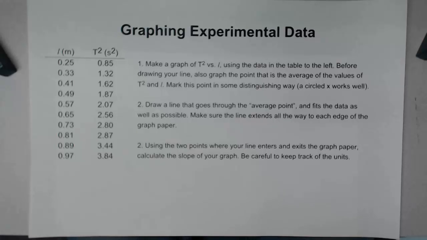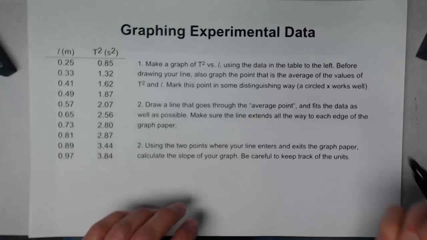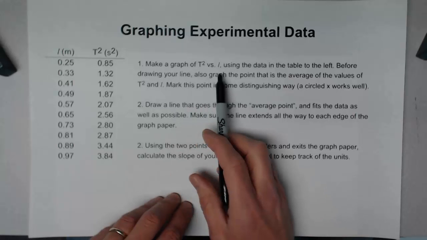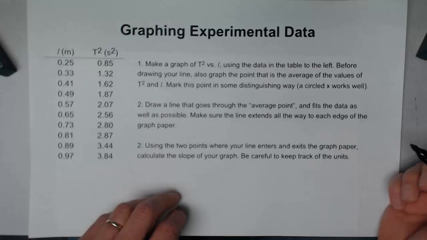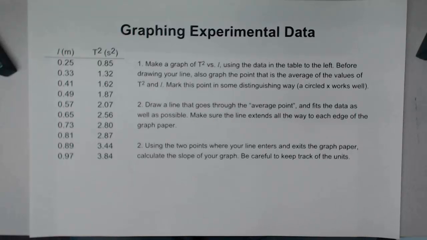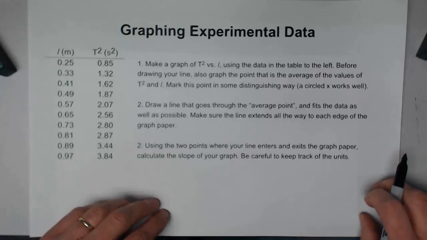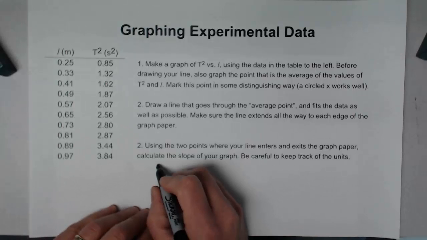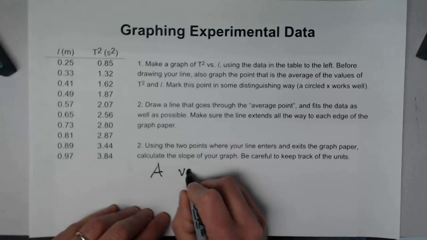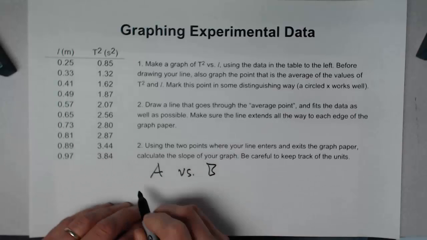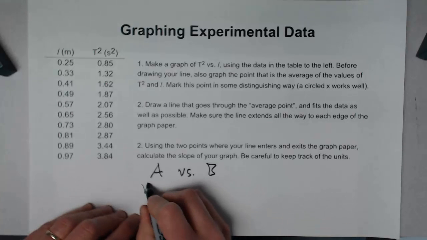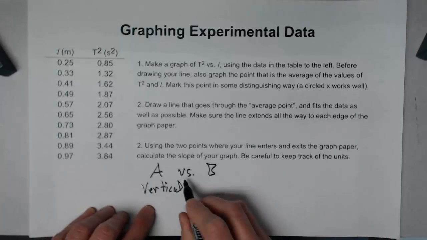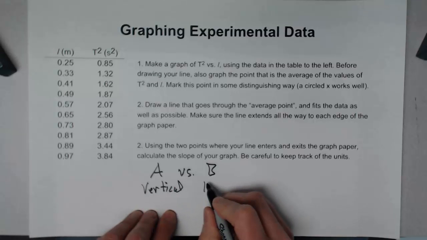The directions here would be to first make a graph of t squared versus L using the data in the table to the left. An immediate question that arises is what goes on the vertical axis and what goes on the horizontal axis. Whenever you have A versus B, the thing that comes before the word versus always goes on the vertical axis, and the thing that comes after the word versus goes on the horizontal axis.